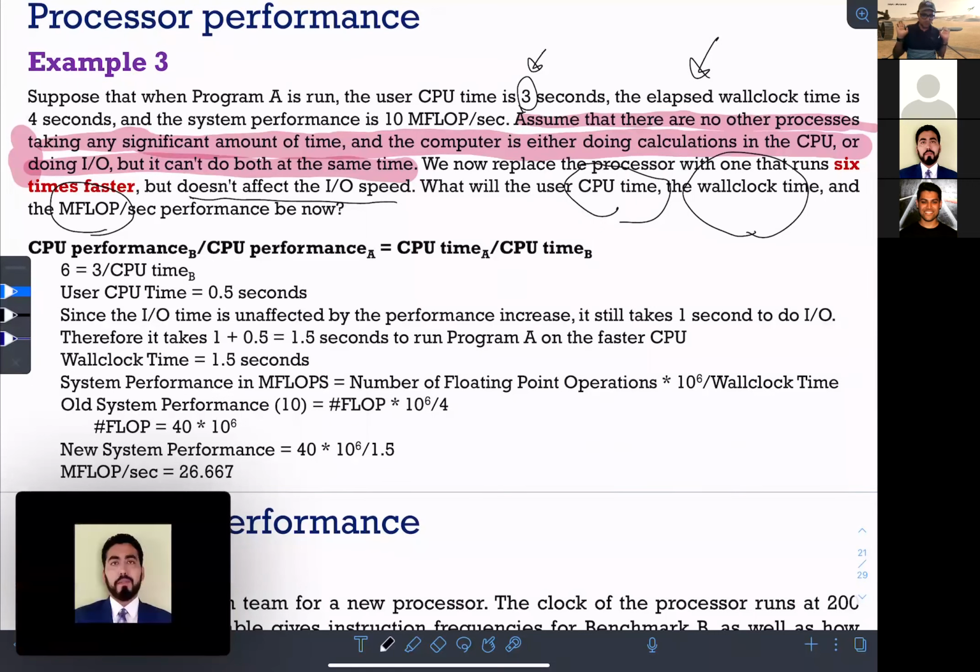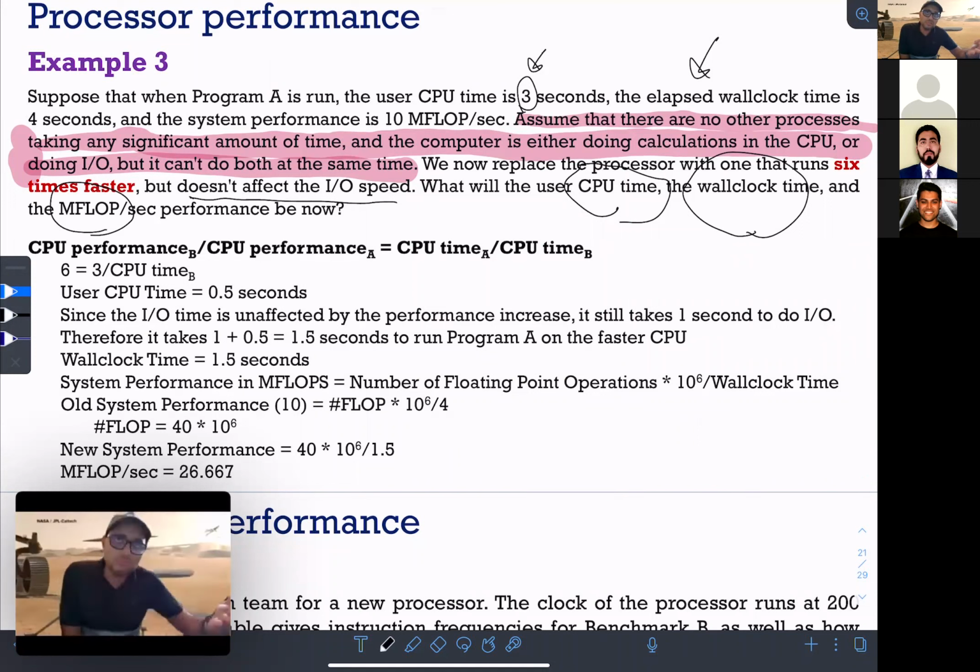Now the new processor is 6 times faster than the old one, so 6 equals 3 divided by the new CPU time, which I have no idea about yet. From this equation, the new CPU time comes out to half a second. The old one was 3 seconds, now this one is half a second.